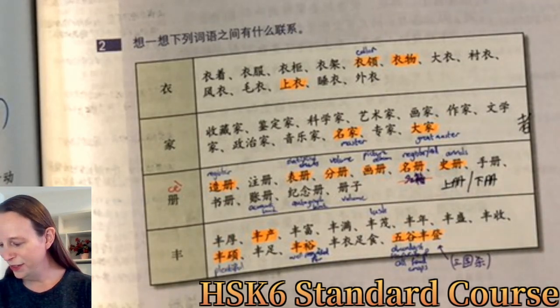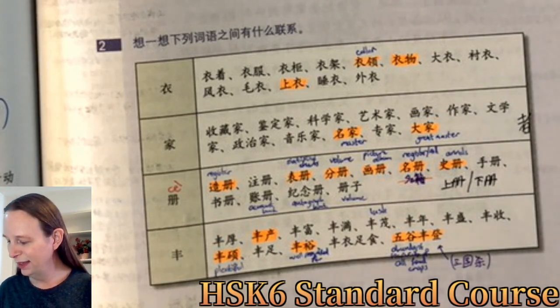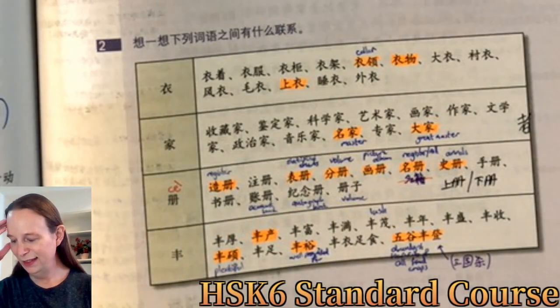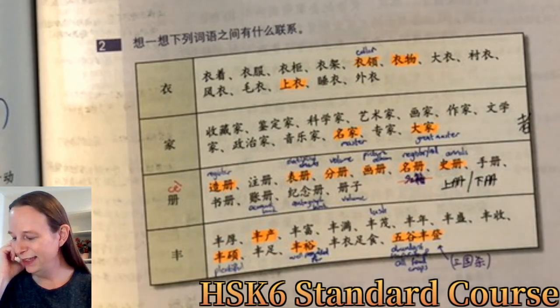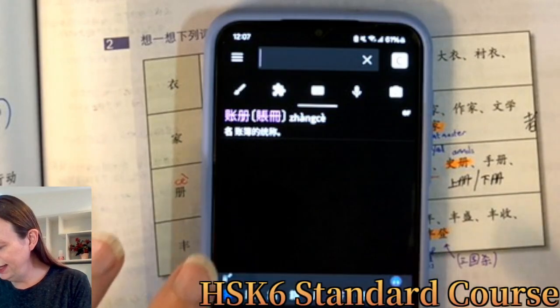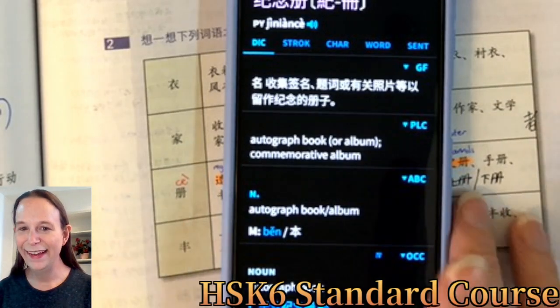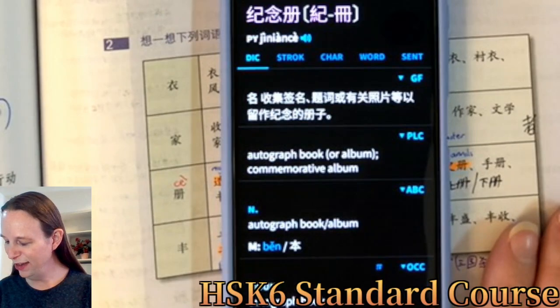Okay, 纪念册. So 纪念 meaning memory, to remember kind of. 纪念, you often talk about 纪念碑, 纪念品, like mementos, maybe 纪念册, an autograph book. I don't know. 纪念 is definitely worth learning. 纪念册, commemorative album.